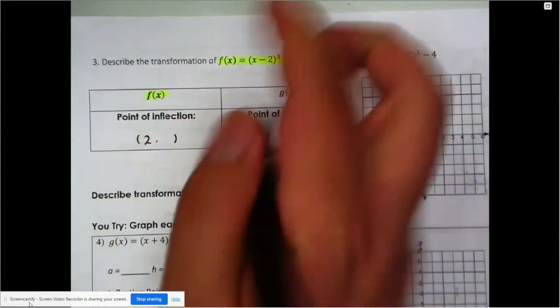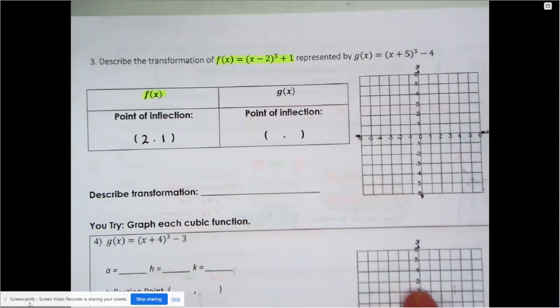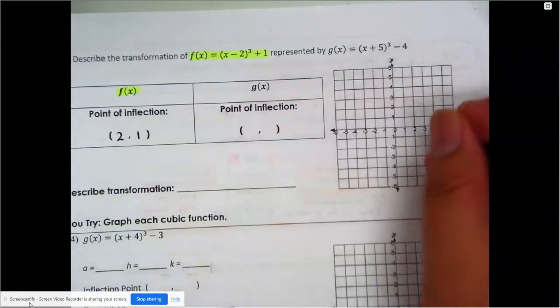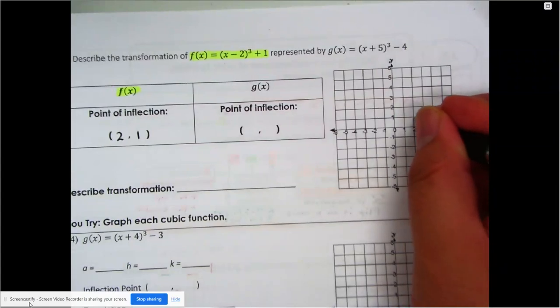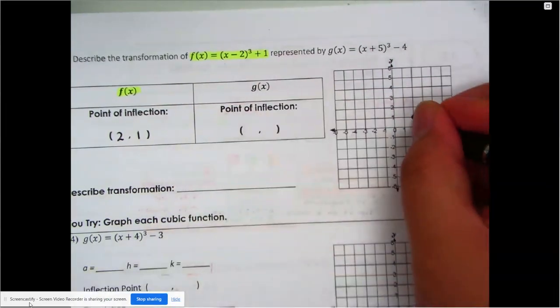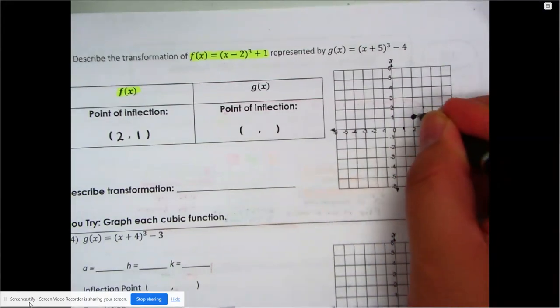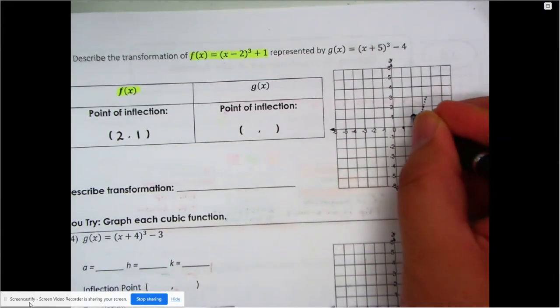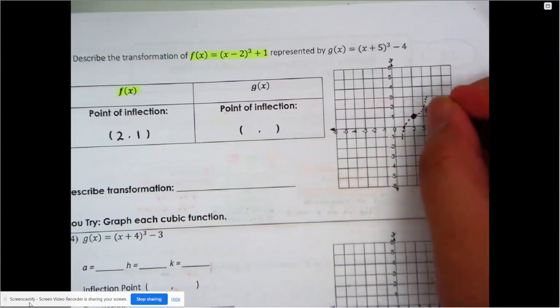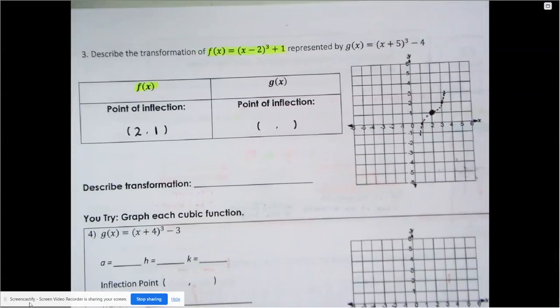It says +1, so +1. So I'm going to draw that point here, actually. 2, +1. And because it is a positive A, it's actually doing this. We don't really need all of that, but that right there is f of x. Just a small little picture of it.